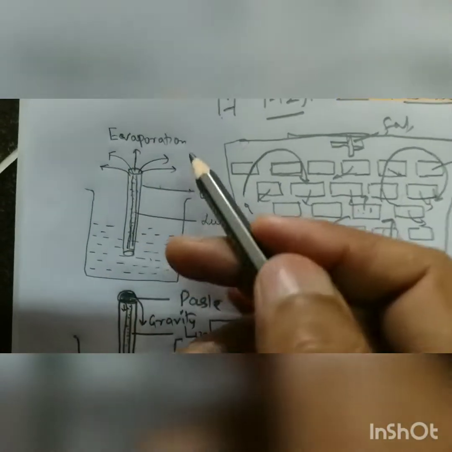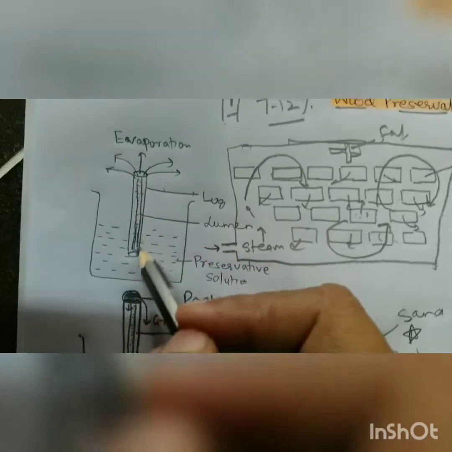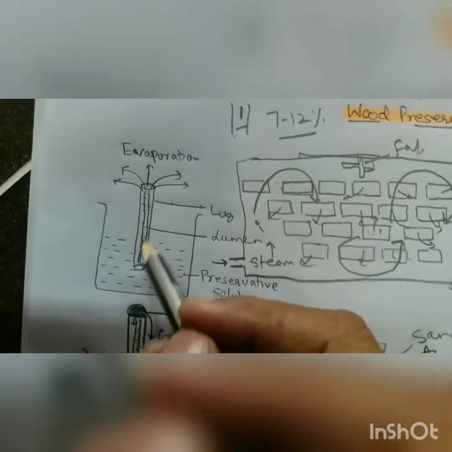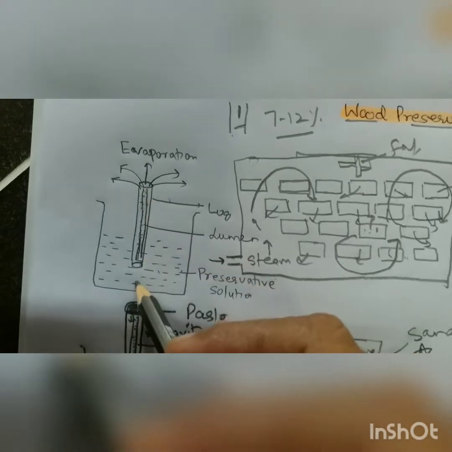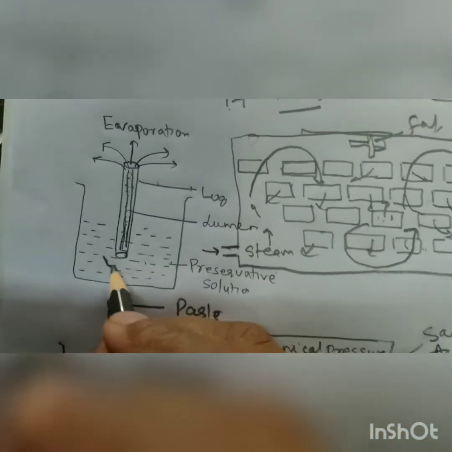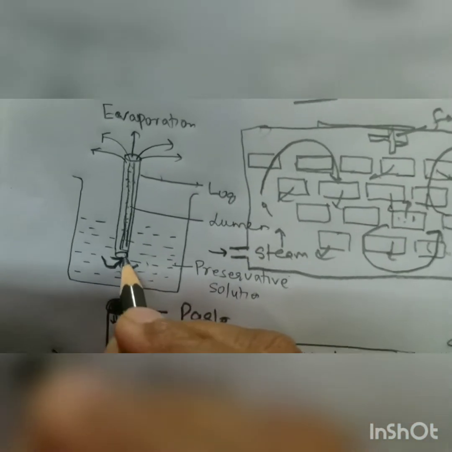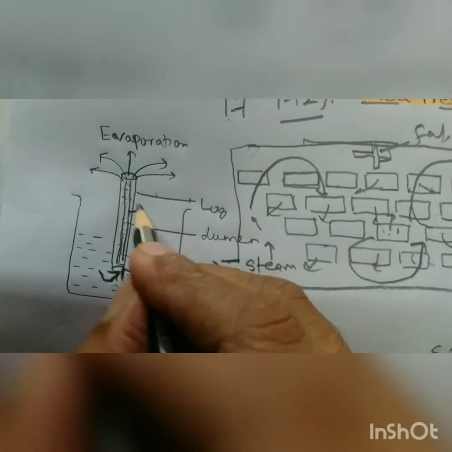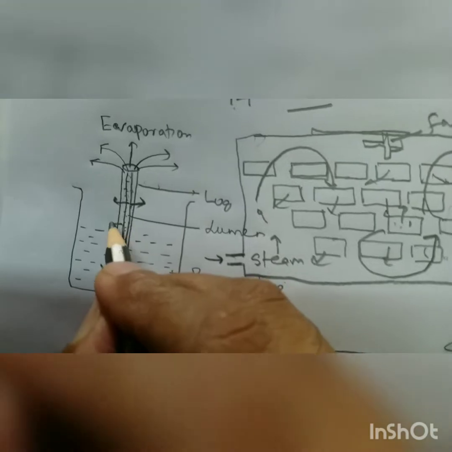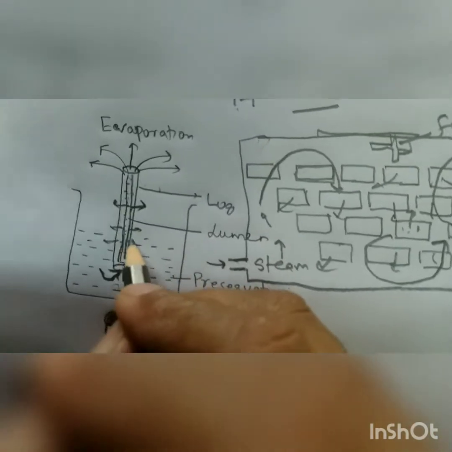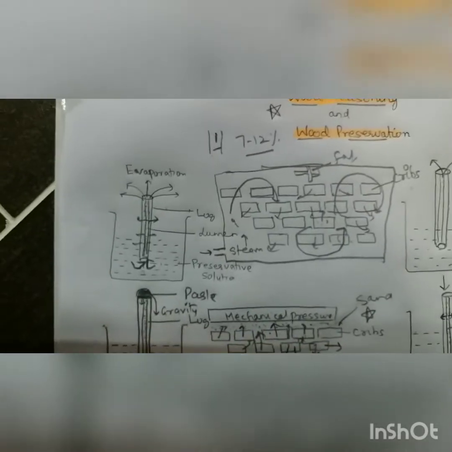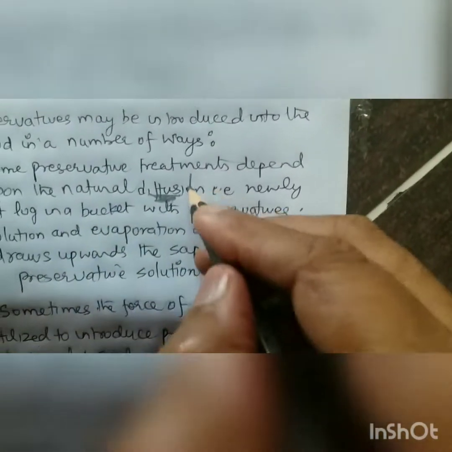Because of evaporation, as we know in ascent of sap, a vacuum pull is developed, and this pull takes the preservative solution into the lumen, that is xylem, and after going in it spreads out in the whole wood, and this provides preservation to the wood. This is the first method, that is, diffusion.